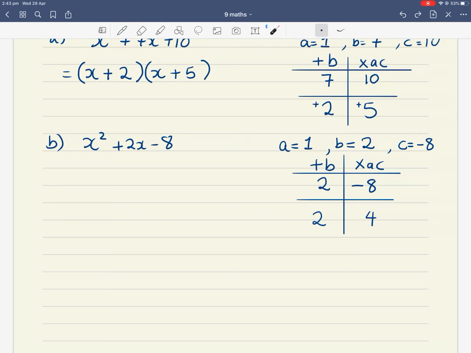So it's either negative 2 and positive 4, or positive 2 and negative 4. So which combination is it? Well, aside from multiplying to become negative 8, we have the condition that they have to add to become 2.